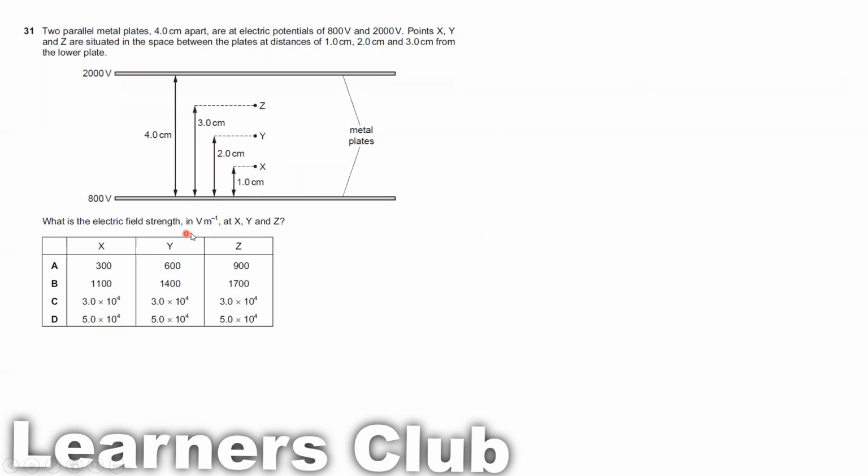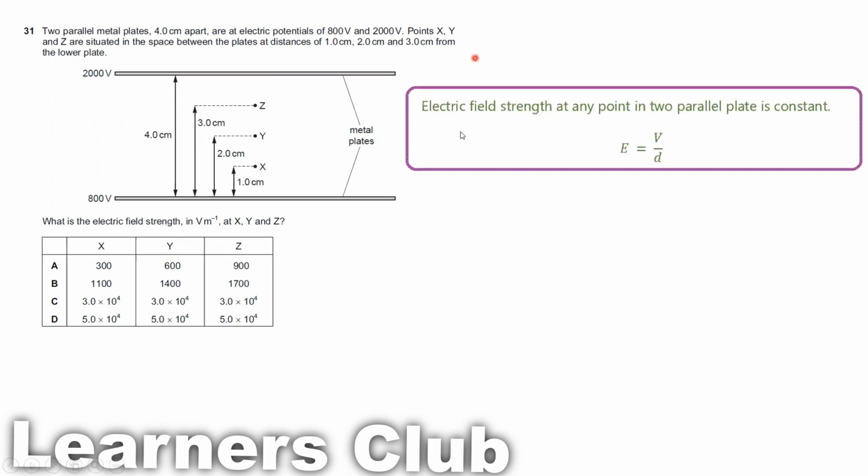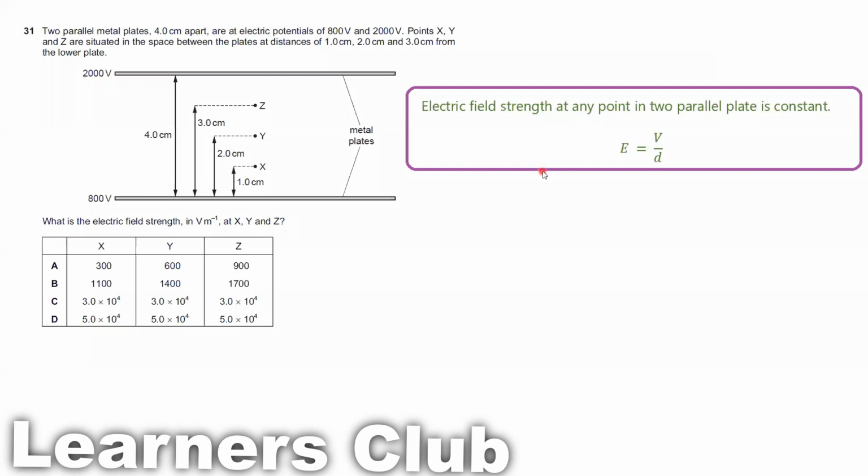What is the electric field strength at X, Y, and Z? Now do remember one thing, it's a parallel plate. Now if it's a parallel plate, the electric field strength always remains constant.